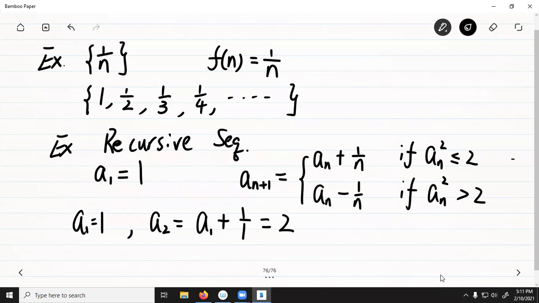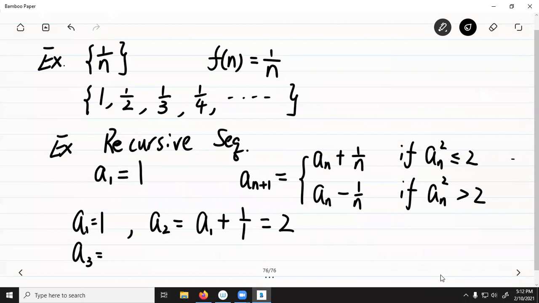Then what is A3? A3 is determined by A2, right? So here, n equals 2. So we need to look at A2, which is given by 2. Which one should we use? We use these 2 conditions.